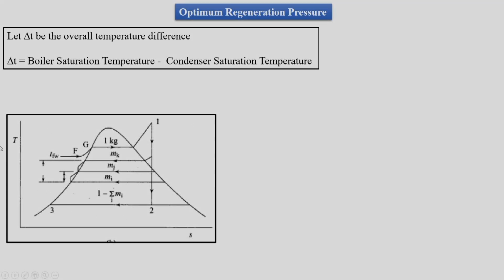As this figure says, 1 is the maximum temperature at the entry of the turbine, 2 is the exit of the turbine, 3 is the entry to the pump, G is the saturation temperature for the boiler, and F is the entry to the economizer. Feed water heating is from 3 to F, and Fg is the economizer.